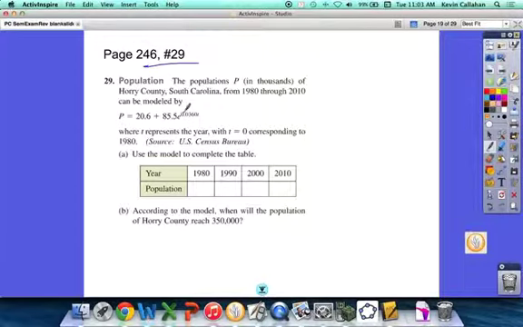You've got a number. Like this one on the first step says, well, you plug in for these 4 years and you calculate a P. Then it asks, according to the model, when will the population reach 350,000? So it's giving you a number to plug in there, and then you solve for that, right? That's like the test question.